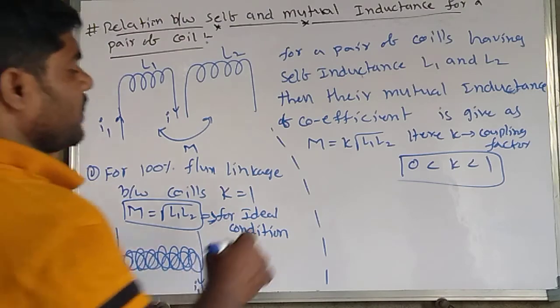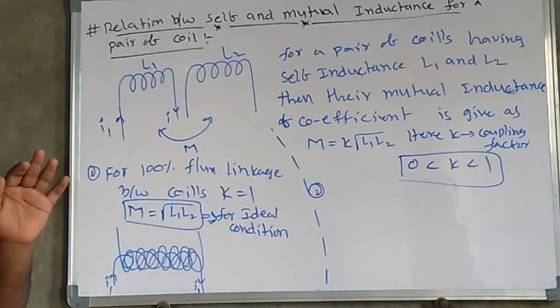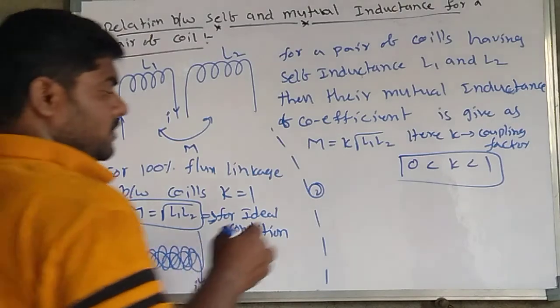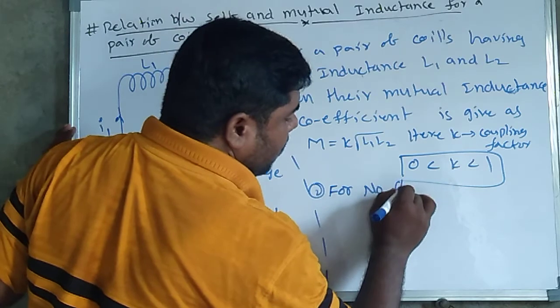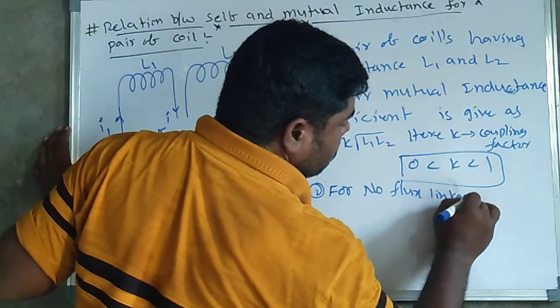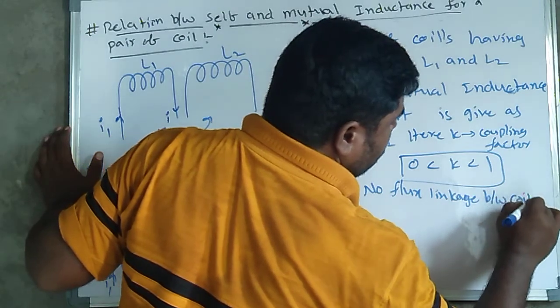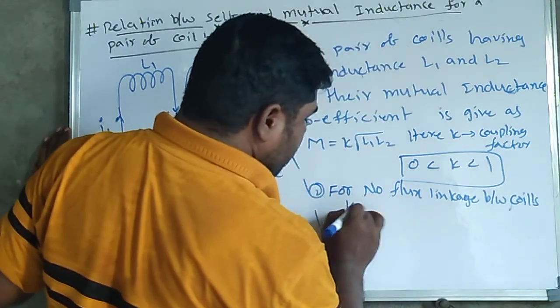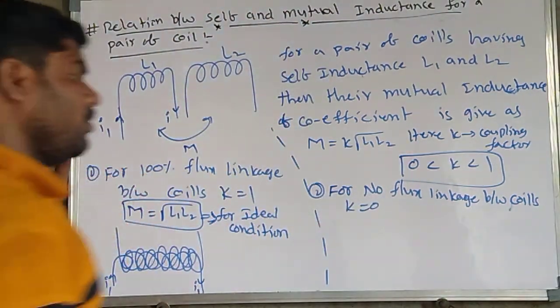Now this is the second case: no flux linkage between coils. It means K is equal to 0. Here there are two possibilities.